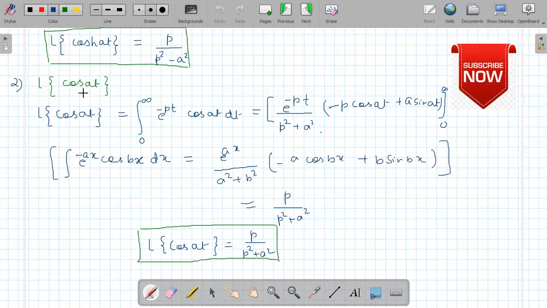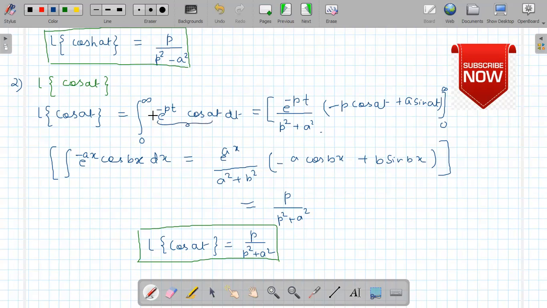Next one, it is discussed in this lecture itself. The Laplace transform of cos at, that I have told you. The Laplace transform of cos at is the integration of e raised to the power minus pt cos at dt.